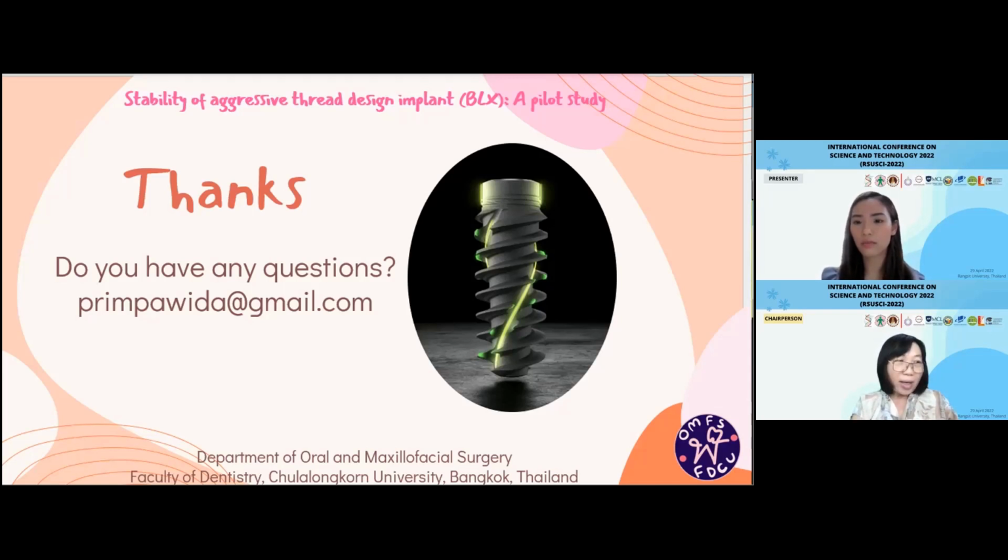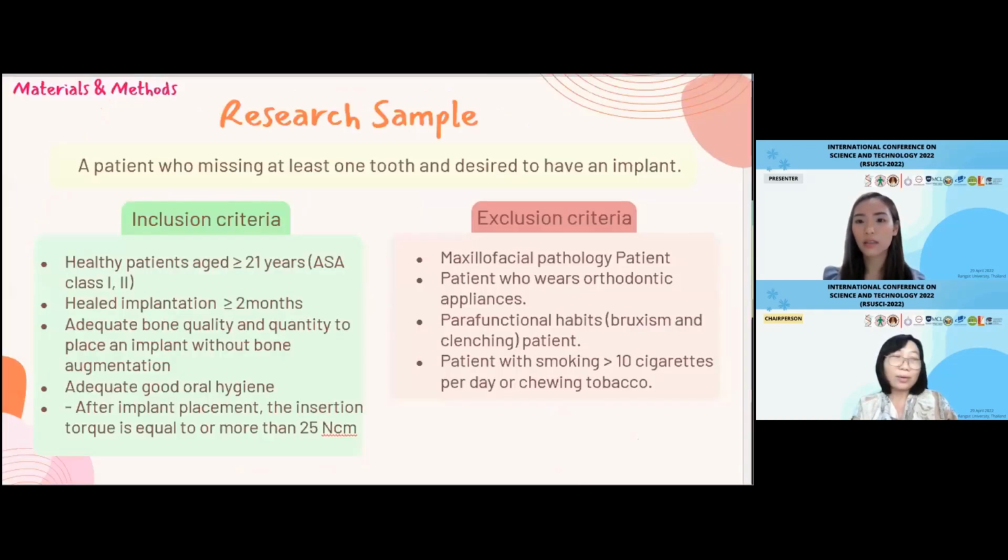You say any bone type can be used with this BLX implant. Is that correct? In this research, we don't study the bone type. We studied all of the implants, but the site is only at the posterior.